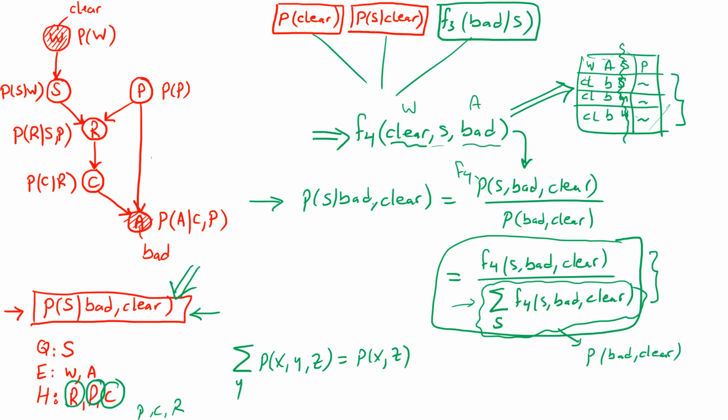P of S given bad and clear, which is the evidence, is the probability of S and the evidence divided by the probability of the evidence. So if you have the table, you can do it by normalization. If not, like in this question, you have to write it that way to show that this is how we get it.